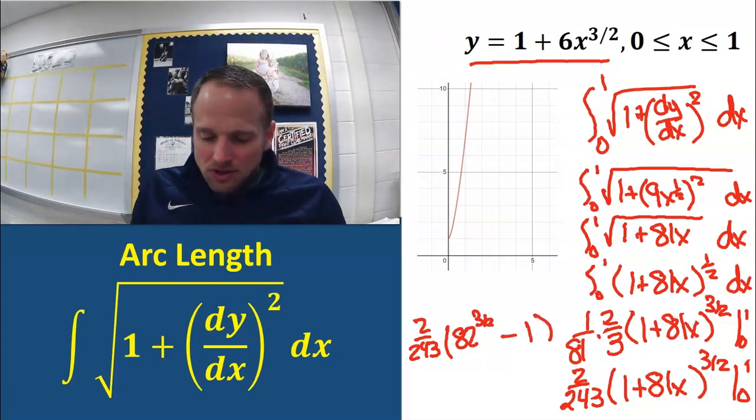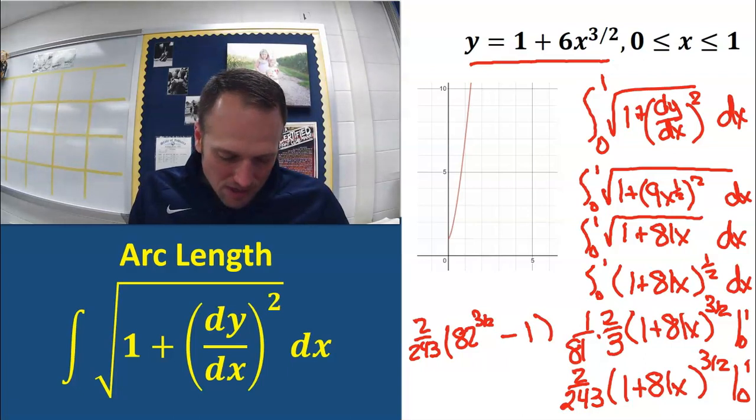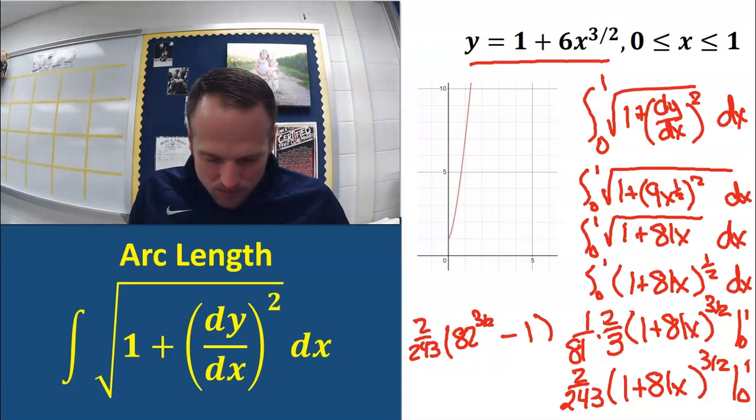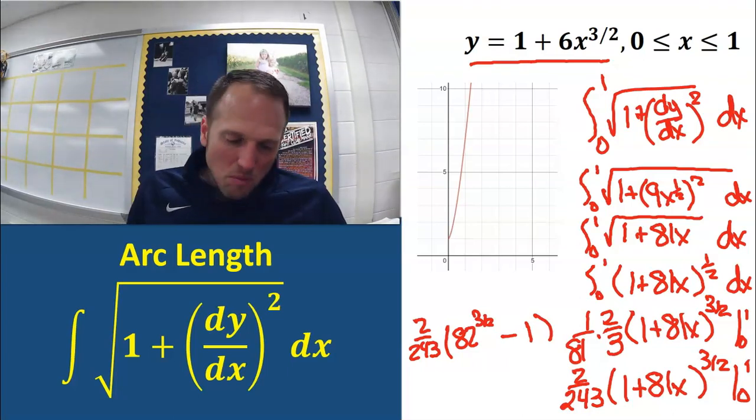So let's see what this is going to be. 2 over 243 times 82 to the 3/2 power, minus 1.